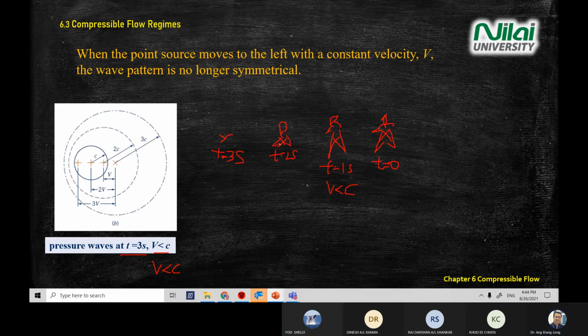The distance between the points that you see on the graph is the same. Why the same distance? Because the velocity at which you move, the v, is the same. However, the speed of sound generated from each location is a bit different.